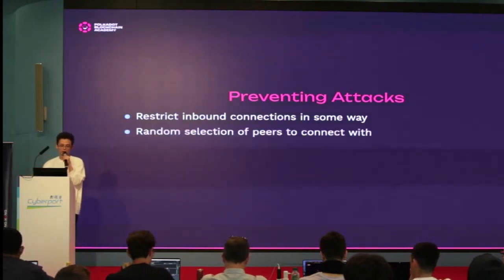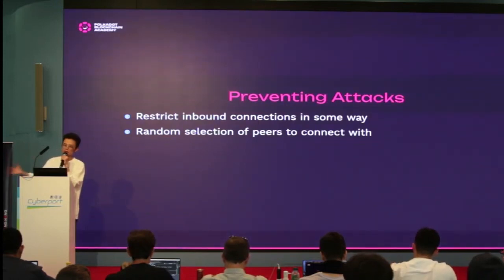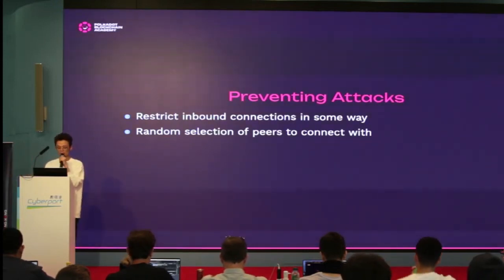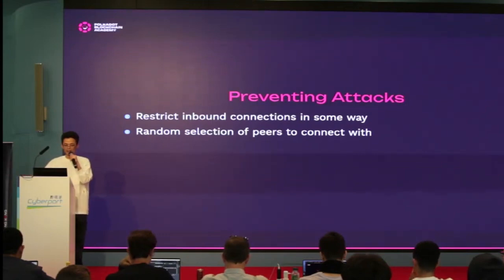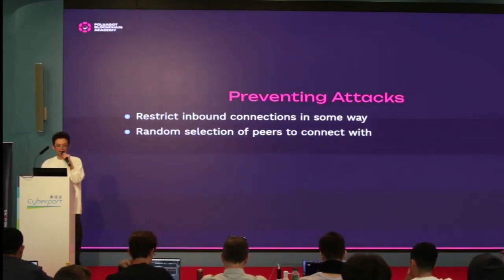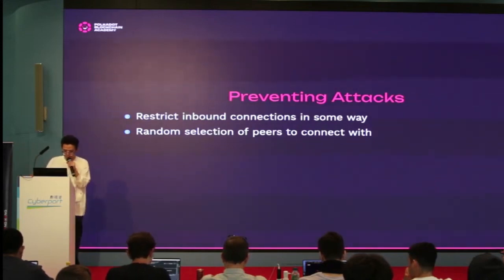And there can also be some random selection of peers to connect with. So just now I said we have 5 bootstrapping nodes, and I ask each of them for 5 connected peer nodes, and I will select 2 from each of the bootstrapping nodes. So in this way, I can be connected with 10 peers, but they are randomly selected from the 5 bootstrapping nodes.